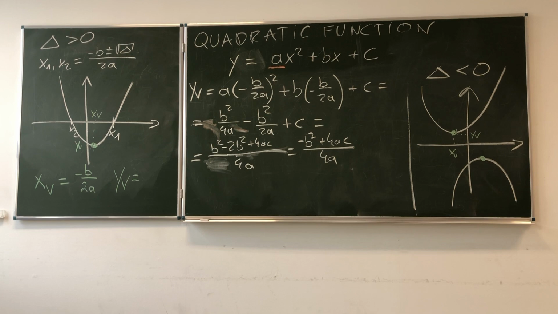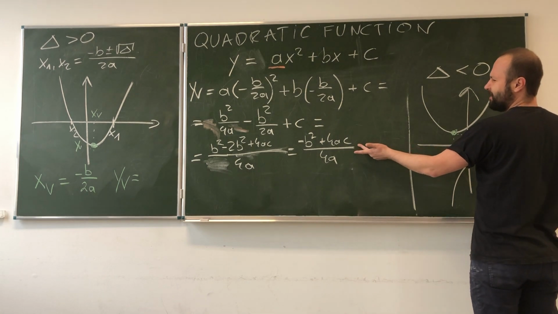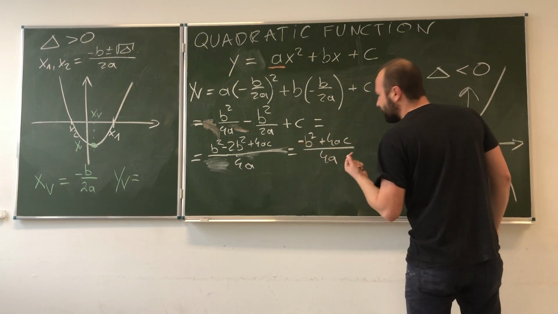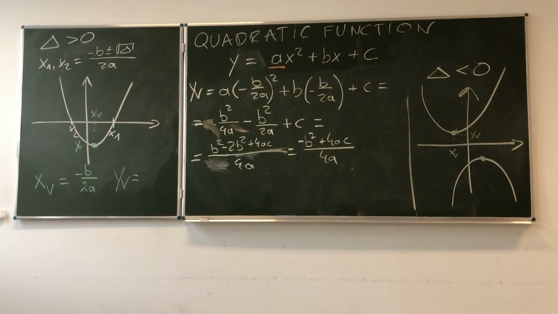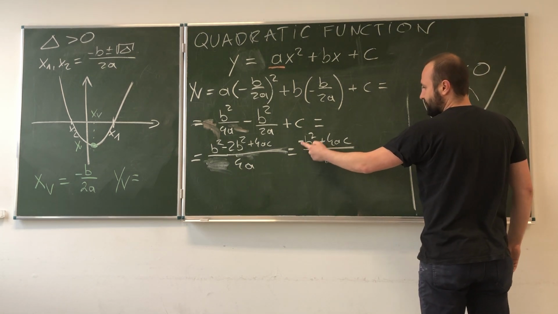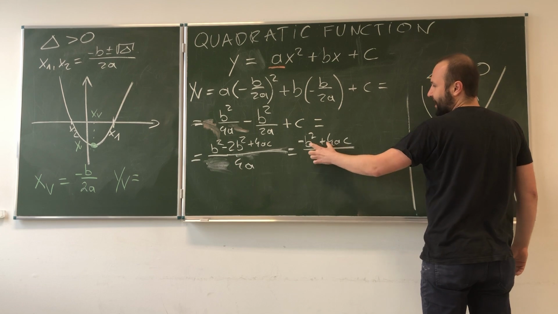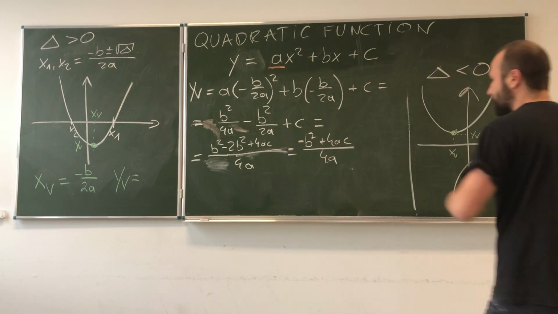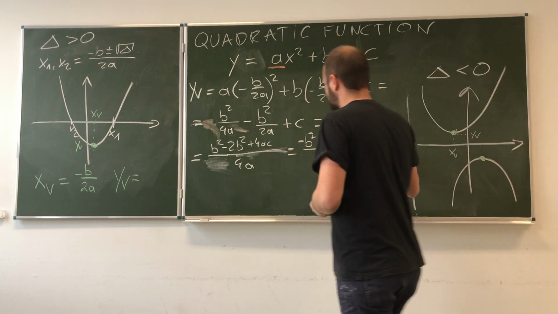Now, what should I do next? Maybe we already know this. Have we seen this somewhere? This is almost the formula for delta, but it has minus where it shouldn't and plus where it shouldn't. So I can take the minus out of the whole expression.